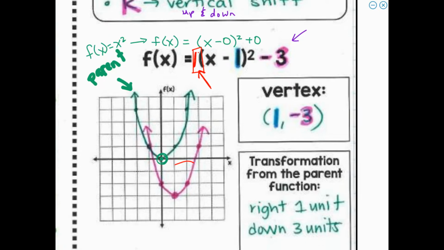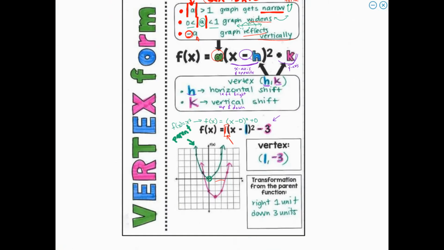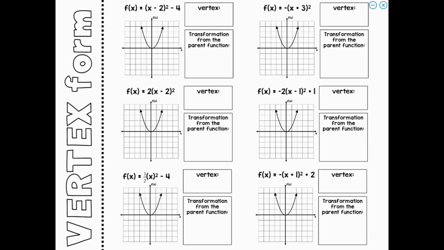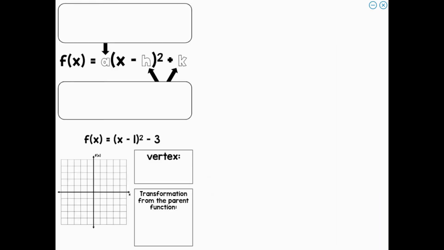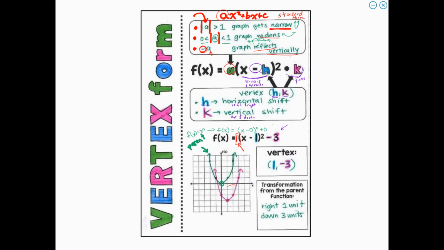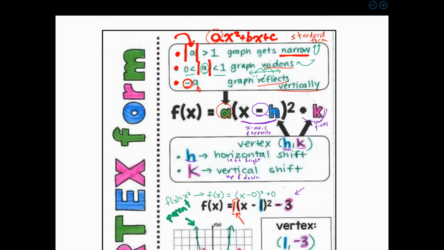If you go back up here and look at this, notice it's just less or greater than 1, and this one is just less than 1.